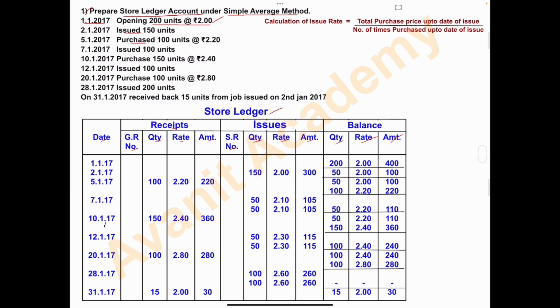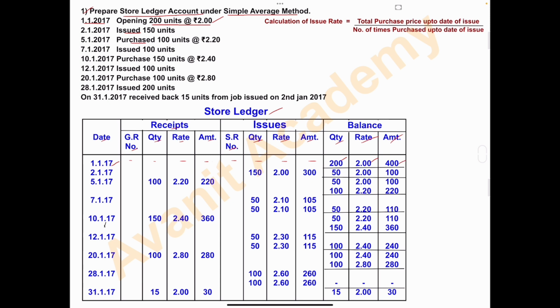This entry we have to record in balance column. Write the date 1st January 2017, receipts column nil, issues column nil, and balance column write quantity is 200 units, rate per unit is rupees 2, 200 into 2, total amount is 400.